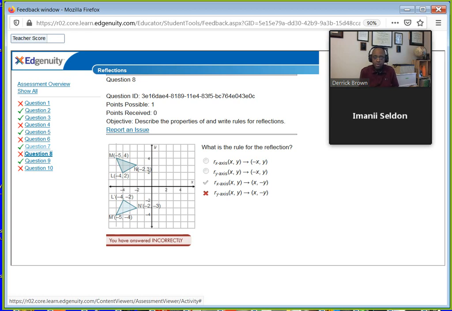Now, have you ever wondered why any of this is important? Not really. Okay, well, that's fair. But you see it all over video games and anything on a computer. You see this concept exploited all the time, definitely in art and any kind of digital art. Reflections are used.